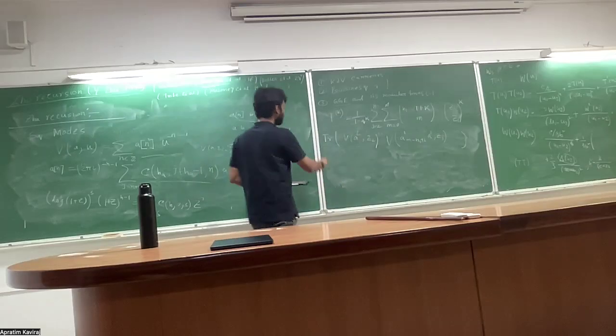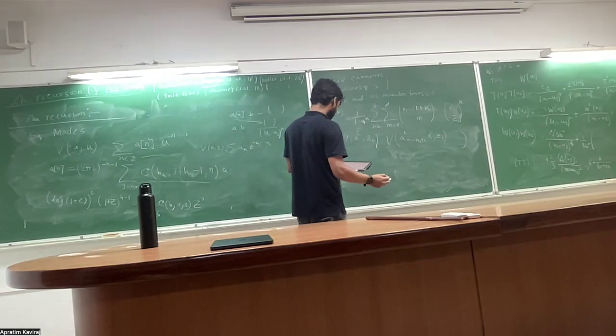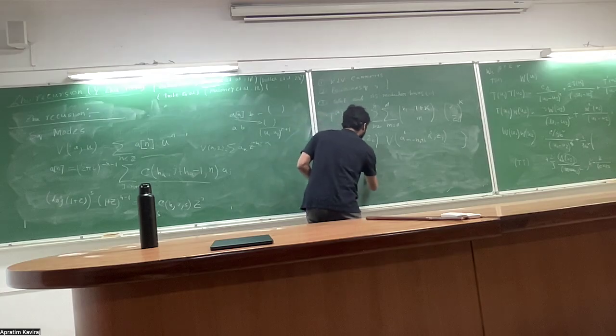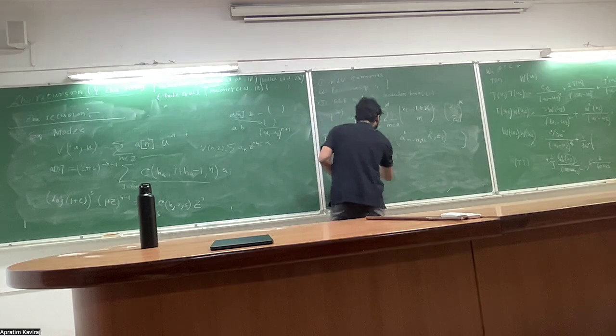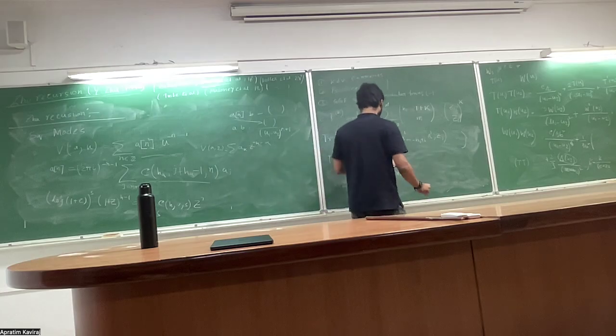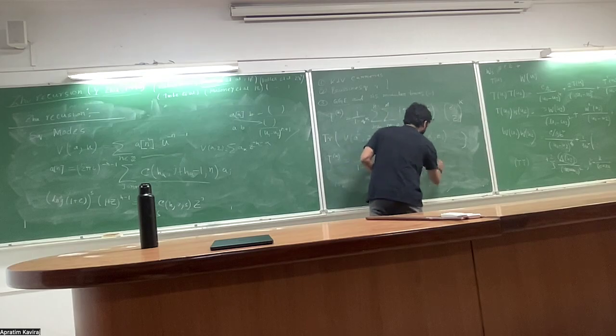One can write Tk as 1 by k, sum over j equals 2 to n, m from 0 to infinity, the contour integral 2 pi i, (n plus 1) a to the power n, that is distributive.